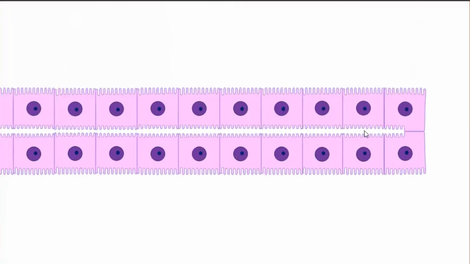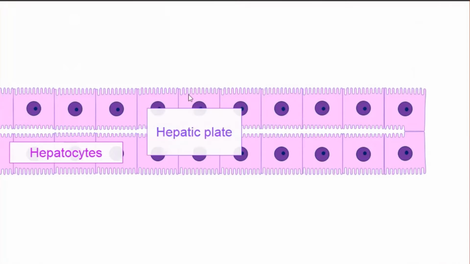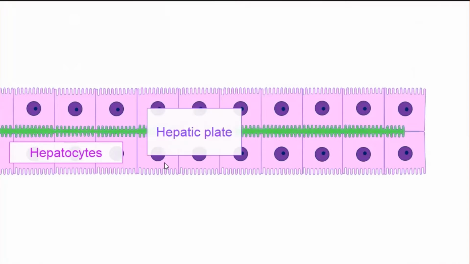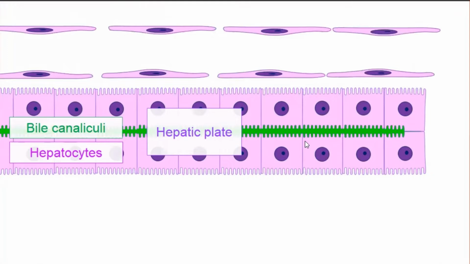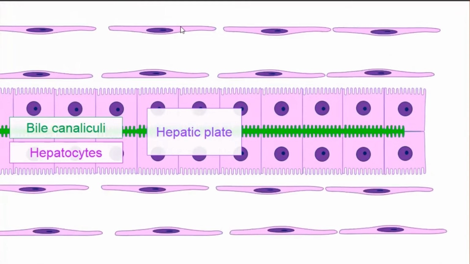And let's look at how the hepatic lobule is formed by the hepatic plate. So here we have the hepatic plate. It's composed of hepatocytes, and the gap filled with bile is the bile canaliculi. And hepatic plates have neighboring structures which surround them.